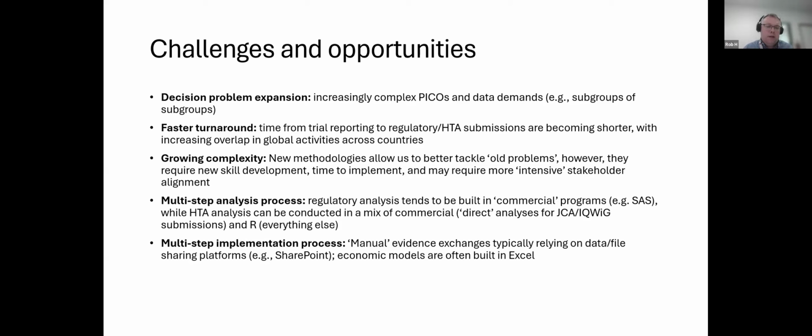And then obviously we have these challenges around evidence exchange, typically relied on for basic data file sharing platforms and so on. So a lot of challenges here, a lot of need to try and figure out how do we plug these things together in an effective and efficient manner, given the shortening of timelines that we're seeing. And then we move on to the next slide, please.